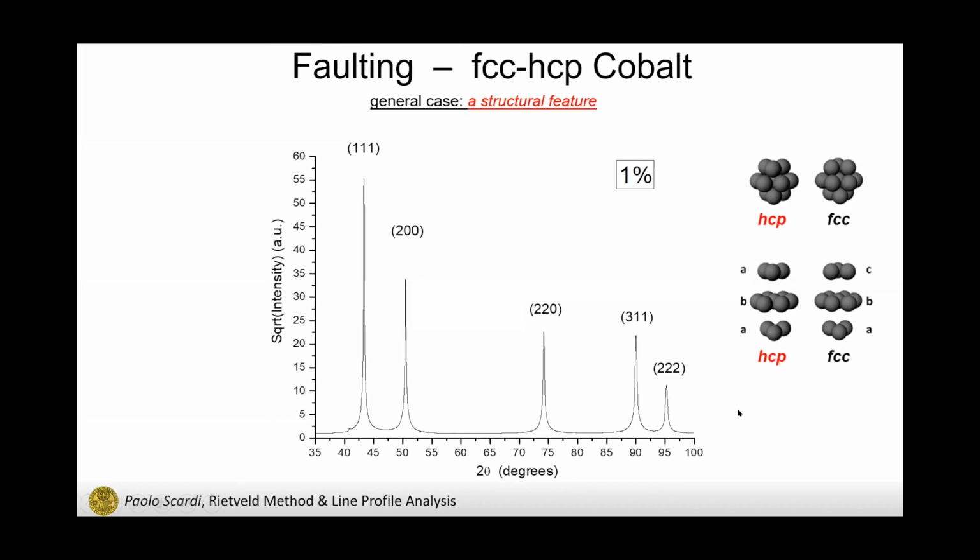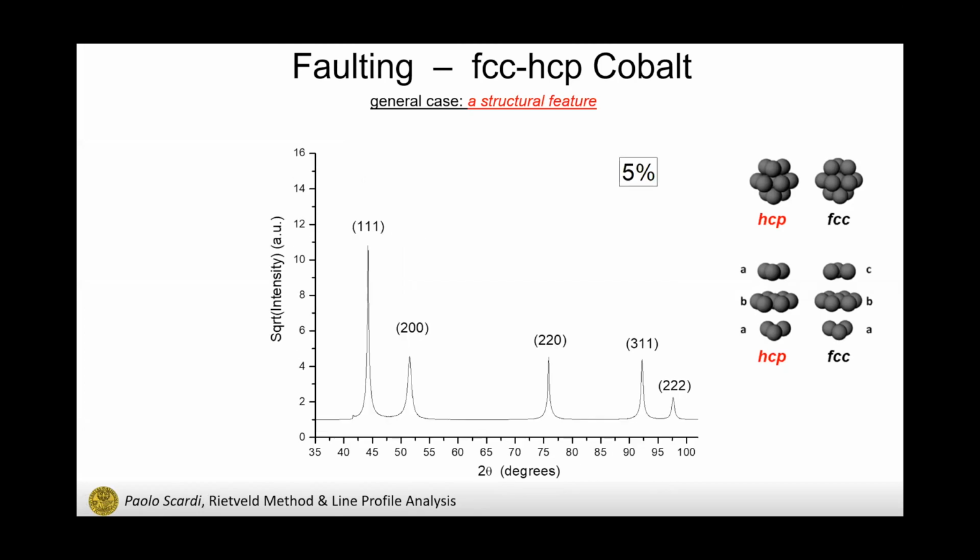You barely see it, but the peaks are broadened a little bit. Even there's been some change. This is 2%, and we keep going on. Around 5%, we start to see some features like this one pointed by the arrow, which clearly do not belong to the cubic structure.